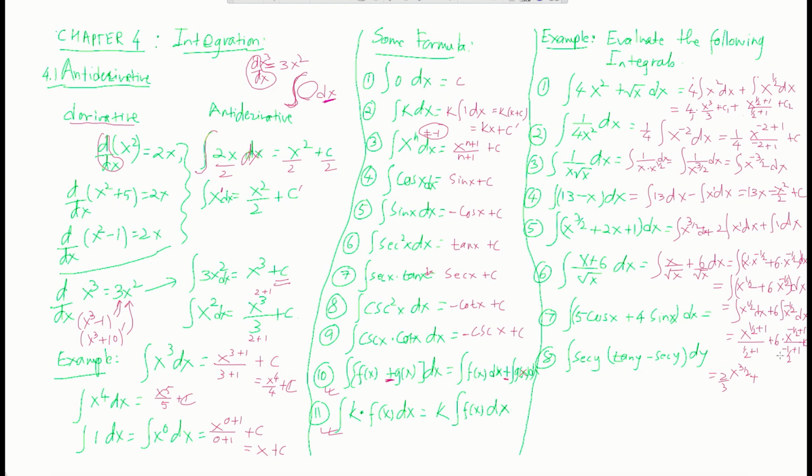But when you write it on the top, you'll get 6 times 2x to the positive 1/2, plus c. So the final answer looks like this: 2/3 x to the 3/2 plus 12 x to the 1/2 plus c. This is the final answer.